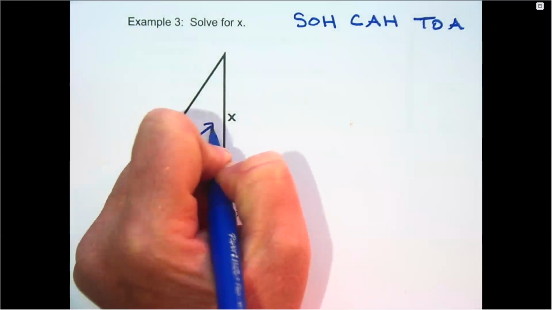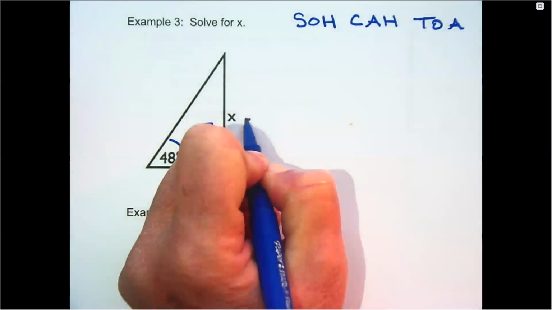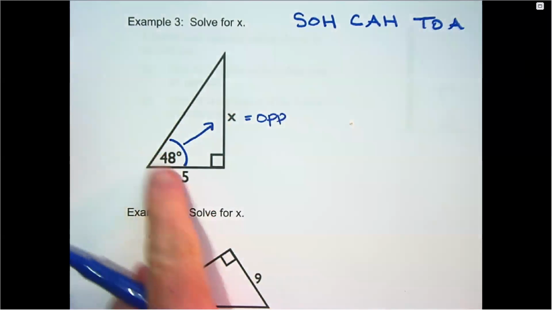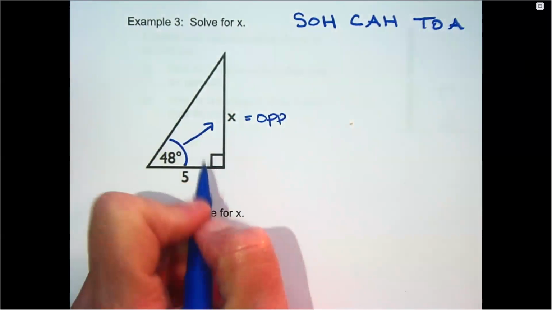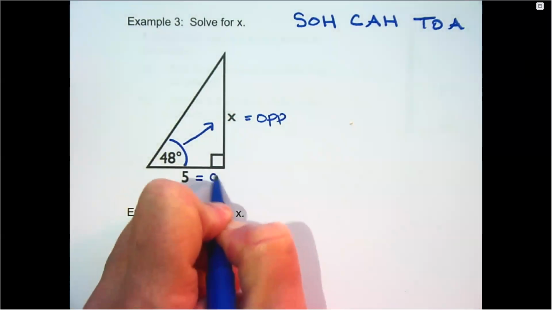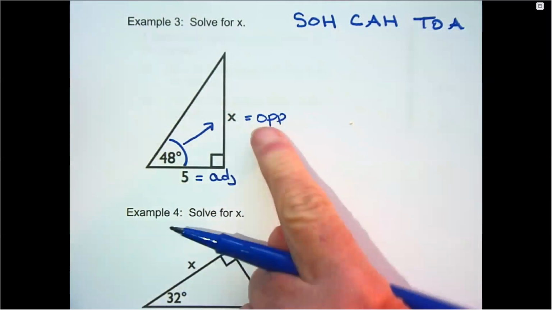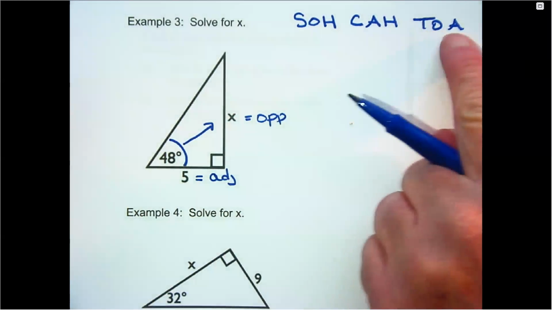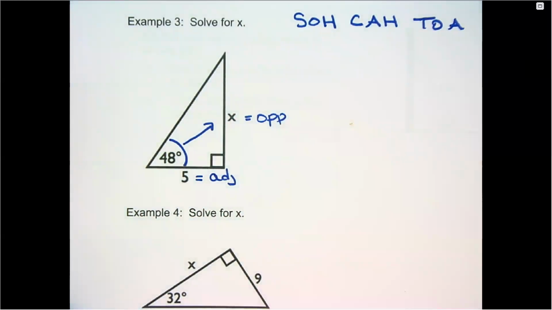Well, there's x across from our angle. So x is the opposite side. And that 5, it's attached to it. It's next to that 48. So that 5 is adjacent. So O and A, O for opposite, A for adjacent. O and A is this T word, and T stands for tangent.